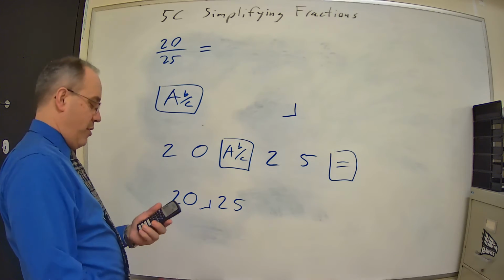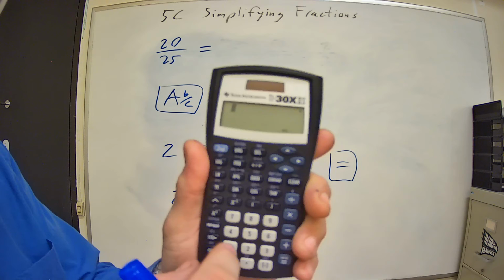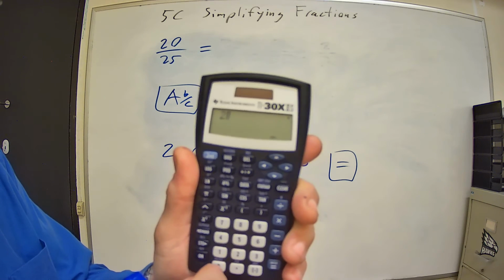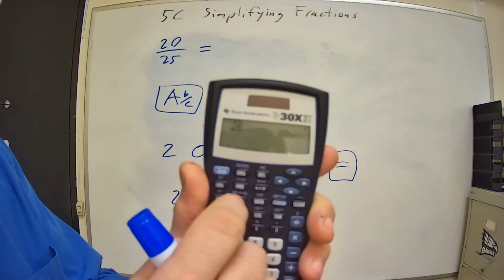I'll try to put it where you can see it somewhat. So I go 2, 0. I hit my A, B over C button.